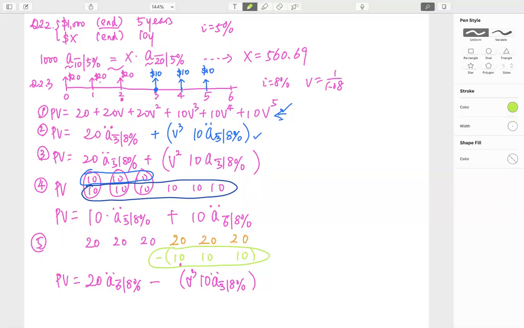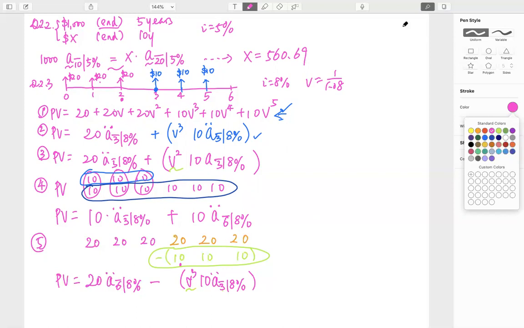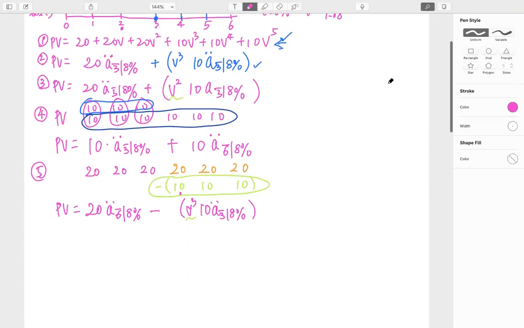Then it's still the 3, but I'm going to remove the double dots. And when I discount back, it's not V cubed, it's V squared, right? So there are just so many ways to understand. This is just a quick example to show you that once you truly understand the time value and how to draw a timeline to help you analyze, there are usually many ways to solve annuity questions.